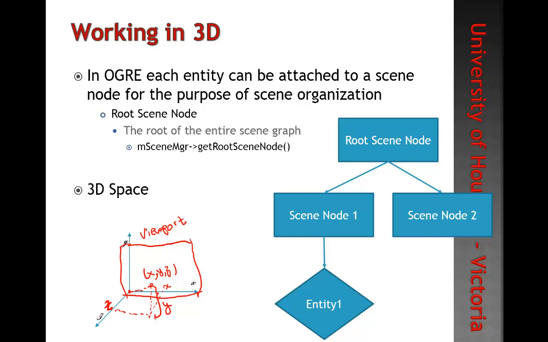And this is how Ogre would represent your 3D scene. It's a right-handed axis system, which means that if you put your thumb out, so the thumb points out on the z-axis, then the direction from x to y is the direction in which you can close the hand.